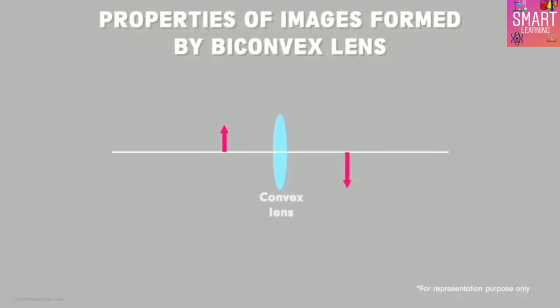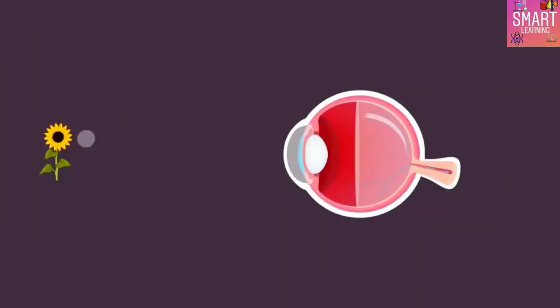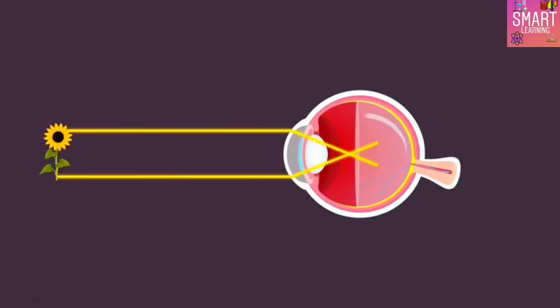We know that for different positions of an object, the images will form at different locations. But this does not happen inside the normal eye. The lens inside the eye always forms the image on the retina only, not in front of or behind the retina. Why is that?